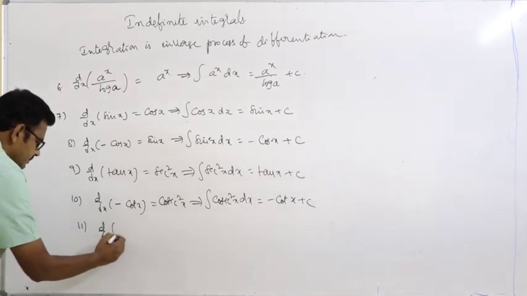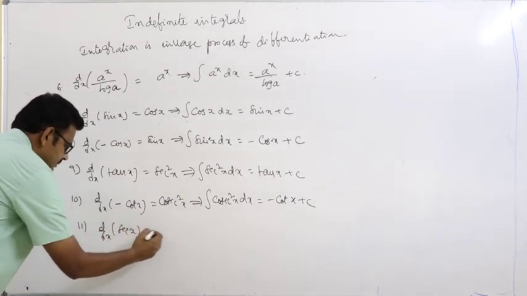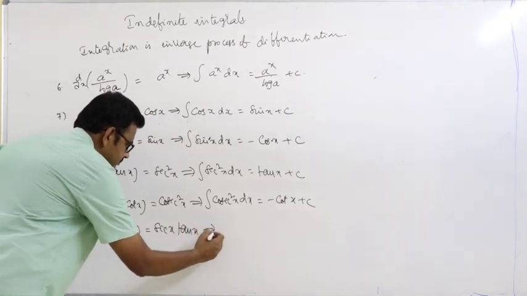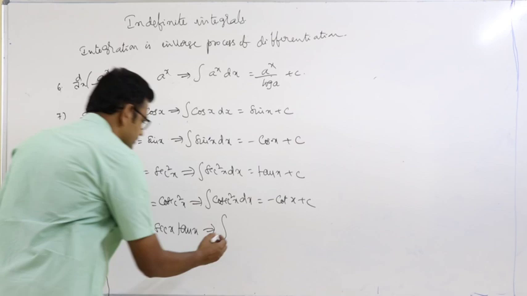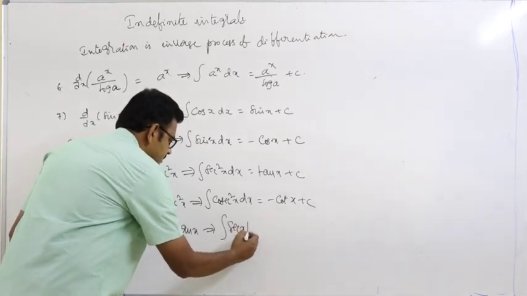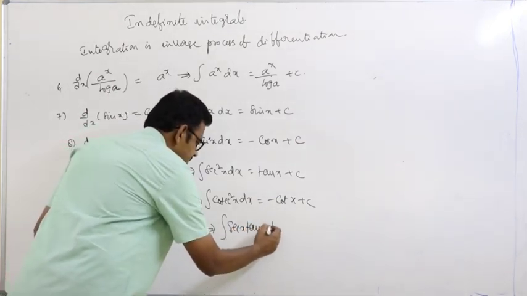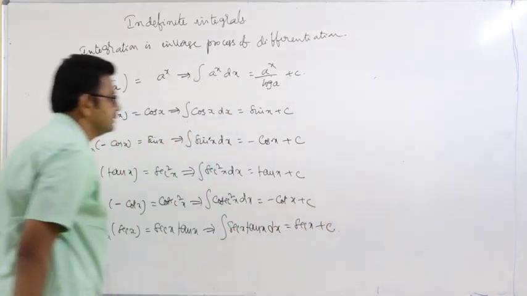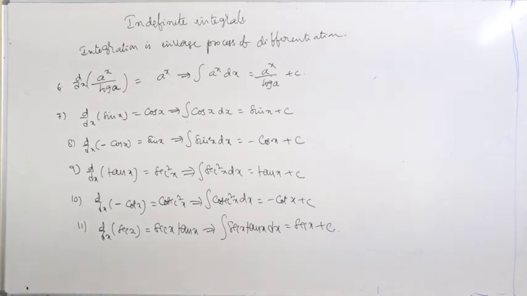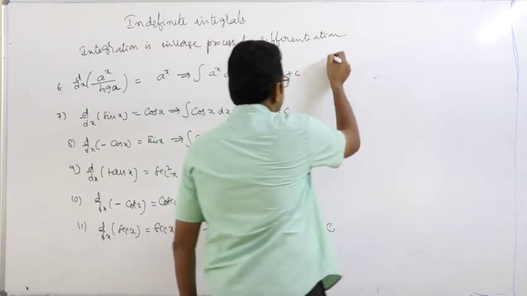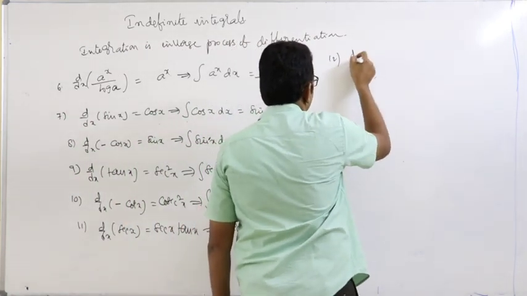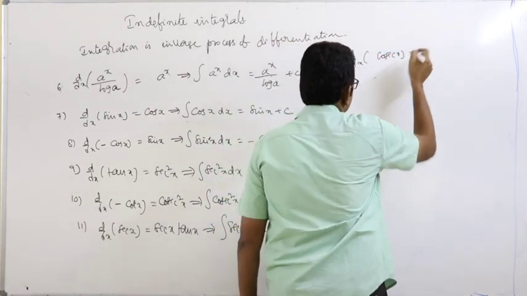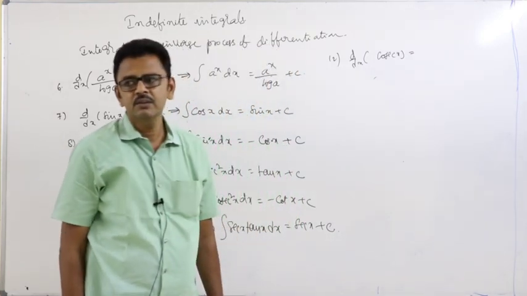Derivative of secant x is equal to secant x into tan x. This implies the integral of secant x into tan x dx is equal to secant x plus c. Derivative of cosecant x is equal to minus cosecant x into cot x.